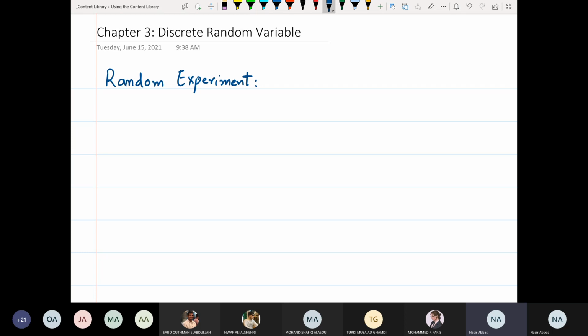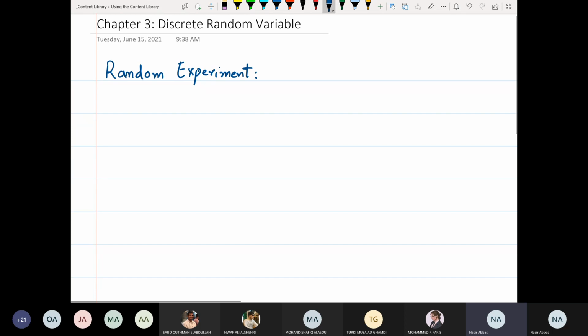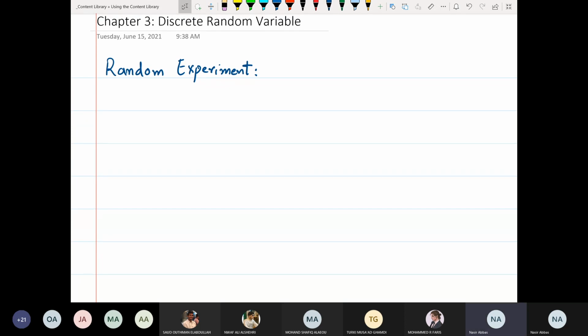So let me give you an example of a random experiment. The same example that we have been doing. You have a box of 5 objects, and 3 of them are working, and 2 of them are defective.